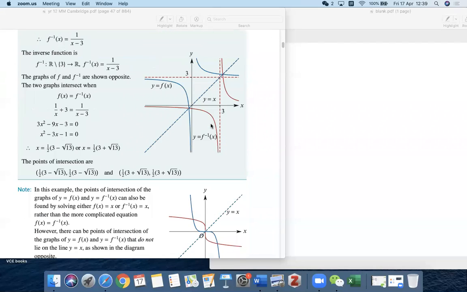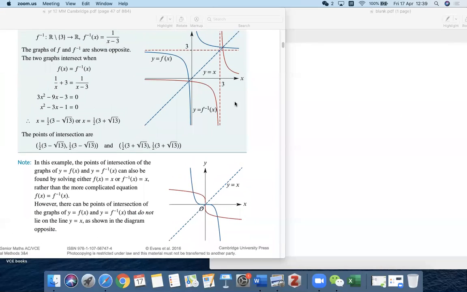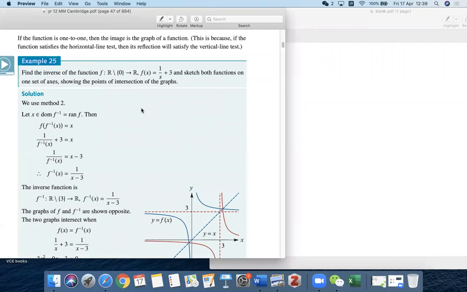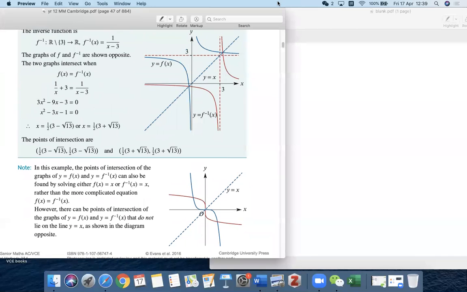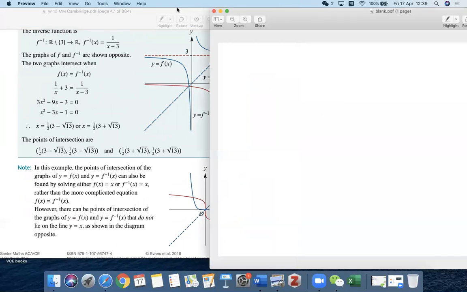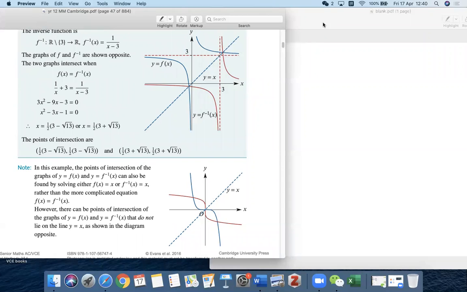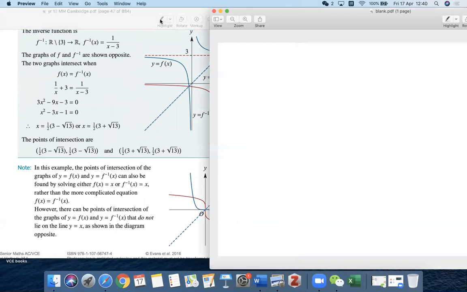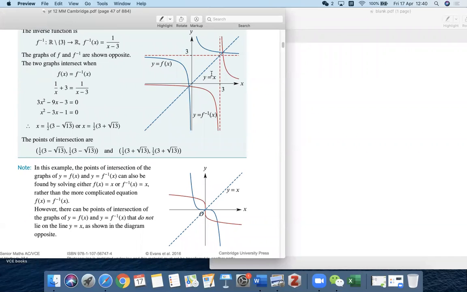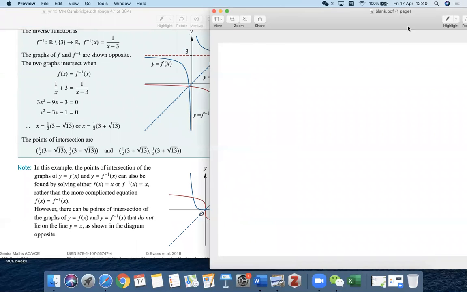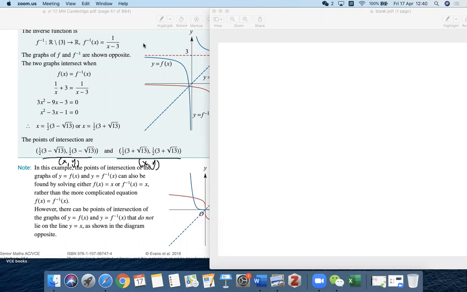Let's look at the note over here. Before I look at the notes, make sure you go through example 25, then you know what I'm talking about. From example 25, if we look at the coordinates of these two intersection points, we realize something. For this point, the x and y coordinates are equal to each other, right?